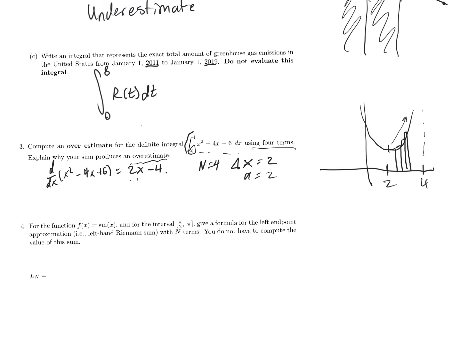Right, so using my sum rule, I'm going to take, oy vey, this is probably a lot of calculator work, so 1 second. I'm going to put my delta x out in front, so 2 times, I need to figure out what the height of the first rectangle is. So the first rectangle will occur at, I should have drawn a better picture.